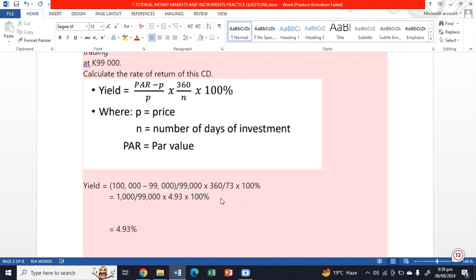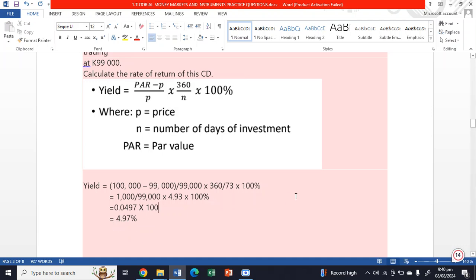Then 1,000 divided by 99,000 is 0.0101. 0.0101 multiplied by 4.93, you get 0.0497, and then we multiply this by 100%. 100% times 0.0497, take the decimal places 2 steps, 1, 2, so 4.97%.